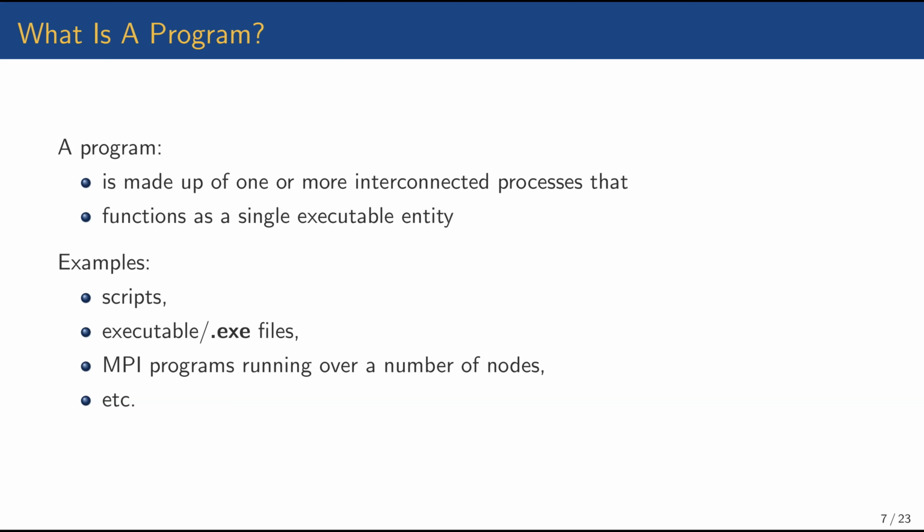If you have an MPI program, that's what it does, interconnecting one or more processes. And you might have scripts, you might have other things. That is what a program is. So it's a distinction we make to talk about something, but it's easy to get these things confused. So that's why I mentioned what a thread is, what a process is, and what a program is.